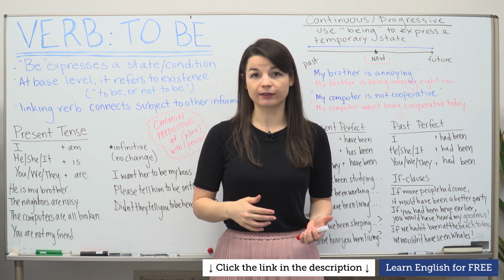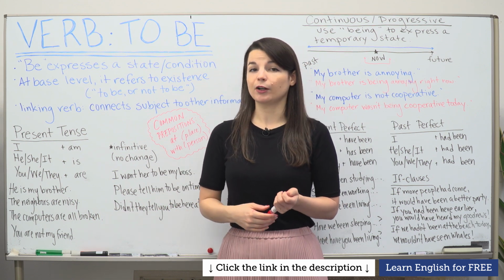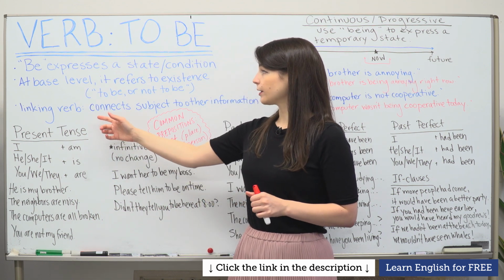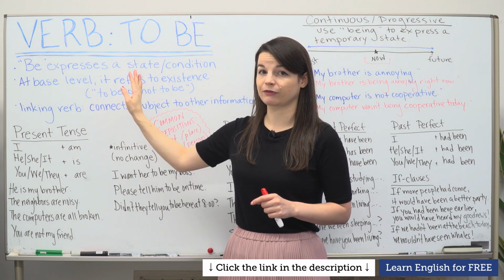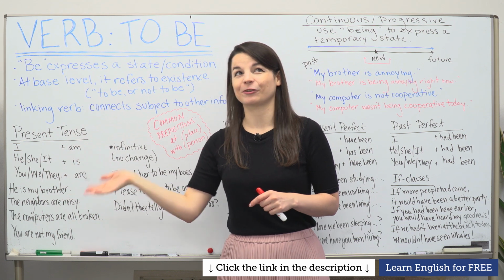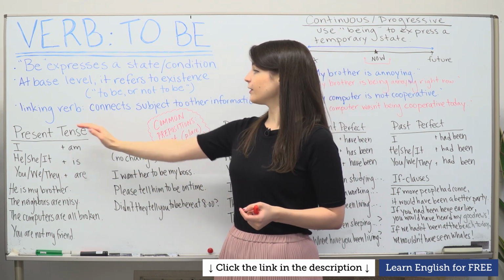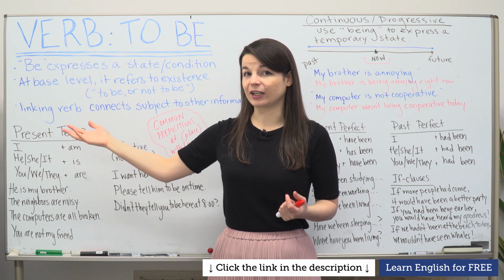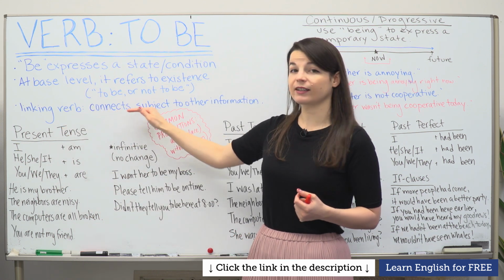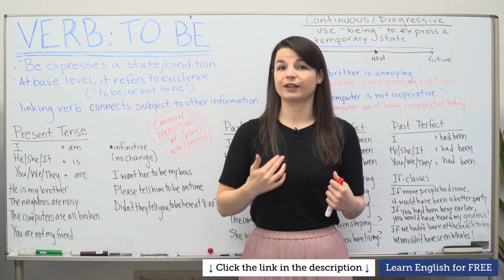So in this case, yes, the verb is used to mean existence, to mean alive or not alive. However, in modern English today, we use the verb to be in many cases not referring to being alive or not alive, but as a linking verb. So to be, and the negative form, is used to connect the subject to its other information.